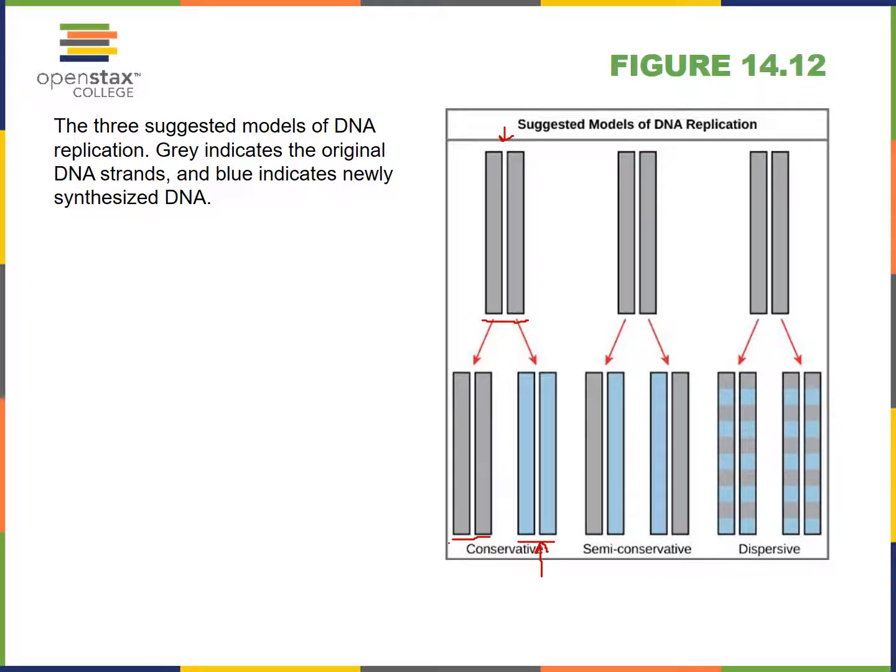So for this to happen in the conservative model, 2 strands of DNA would have to separate.